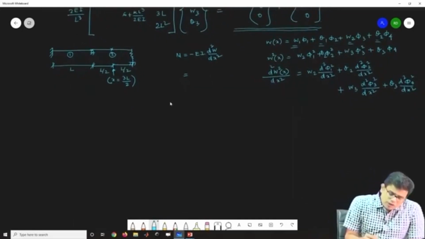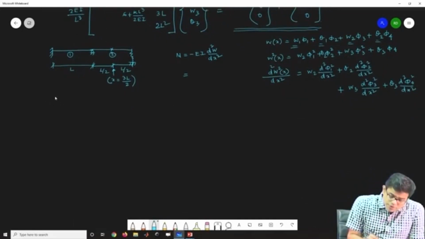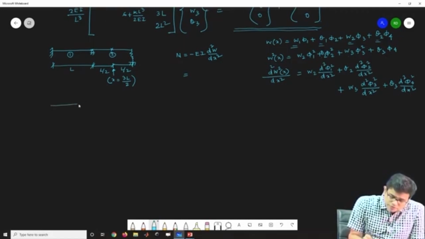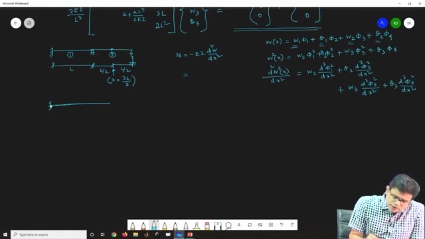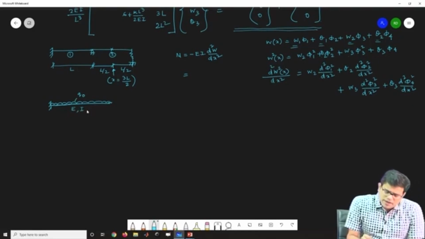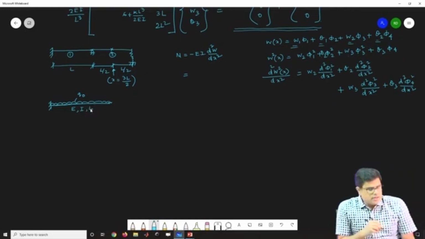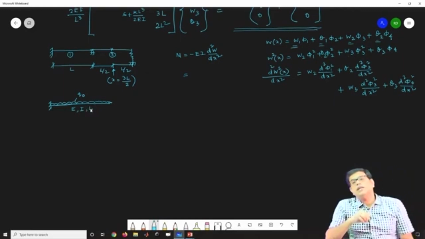Then one of the simple problems like this. For instance, if you want to have the finite element solution of this problem, suppose there is a cantilever beam with modulus E, moment of inertia I and length L. Then what is the finite element solution?